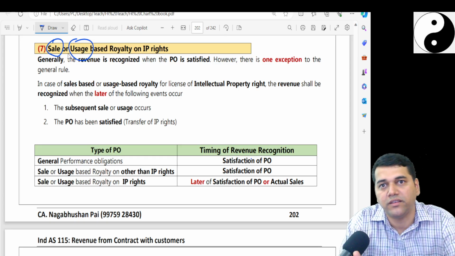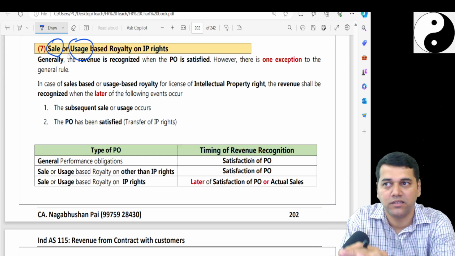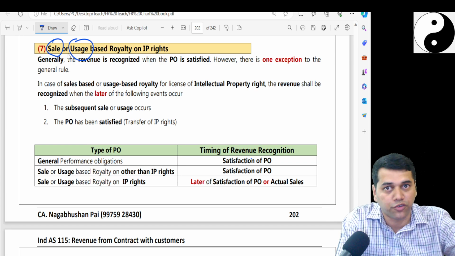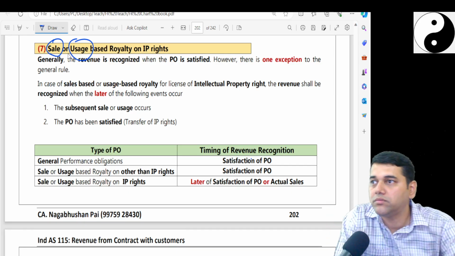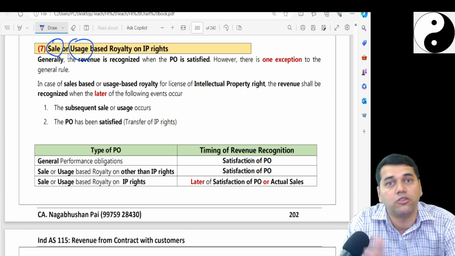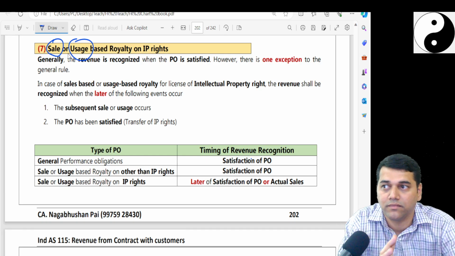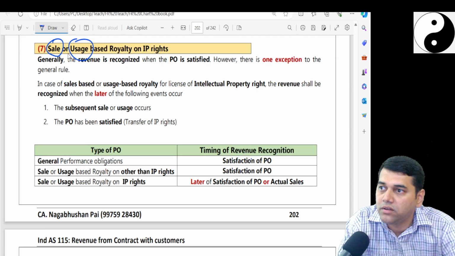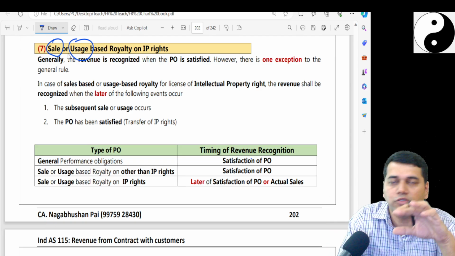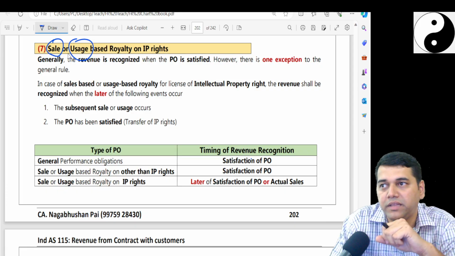Instead the agreement says I will pay you one small fixed amount, and depending upon how much sale happens in the box office, I will pay you. This becomes a variable consideration for intellectual property rights. Similarly for books, royalty on book sales. So a special accounting is going to be applicable there.